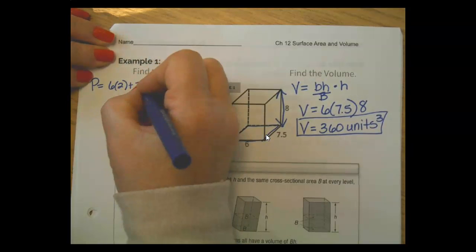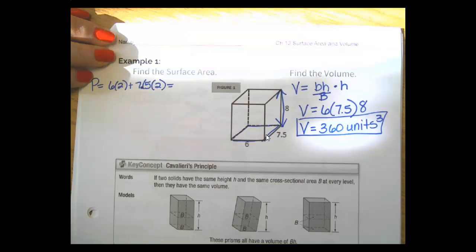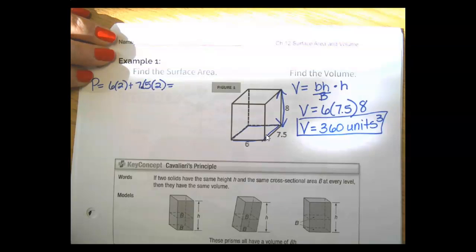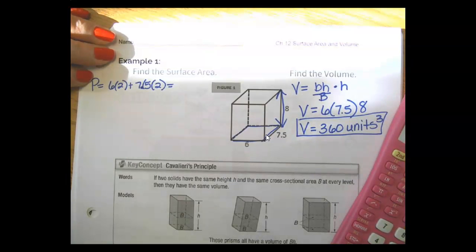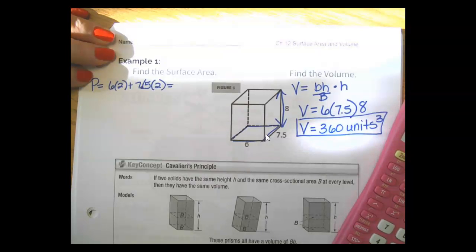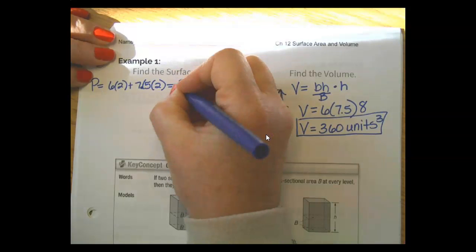I forgot the 0.5, sorry. So we end up with 12 plus 15, which is 27.